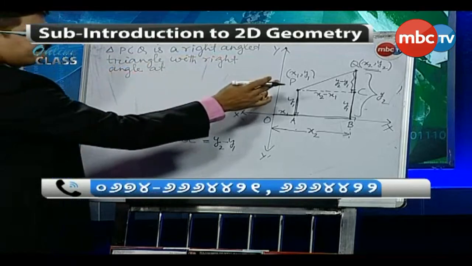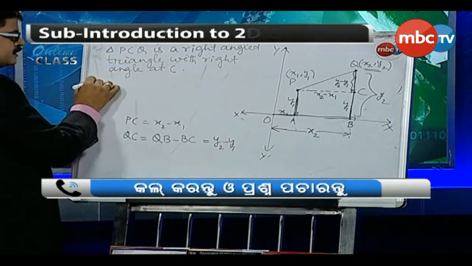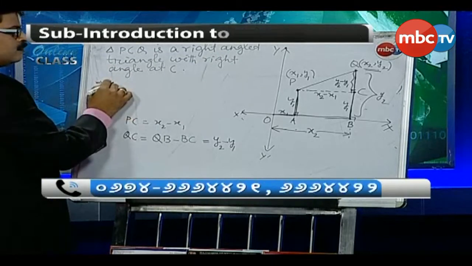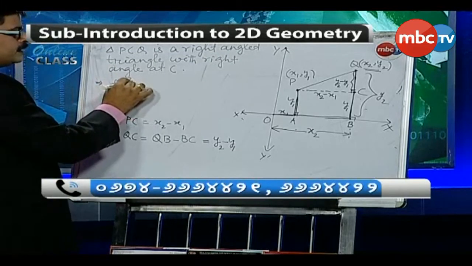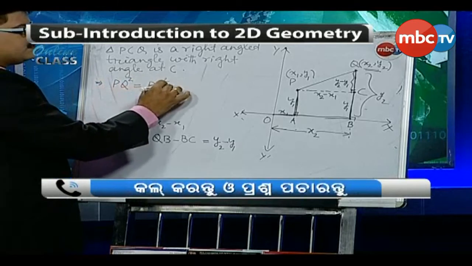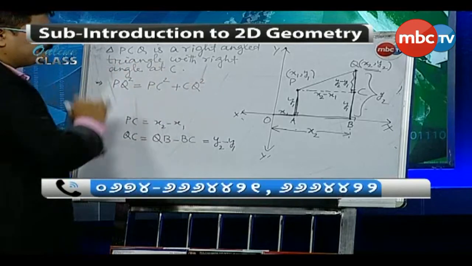At C. That means if you apply Pythagoras theorem, what do you get? PQ square is equal to PC square plus CQ square.